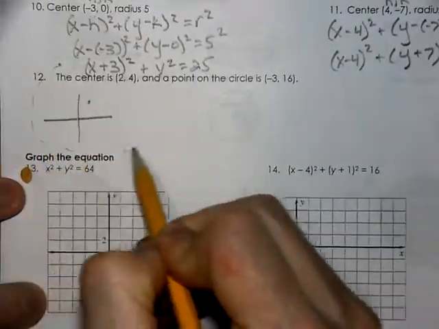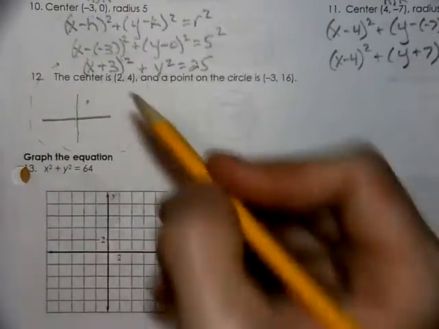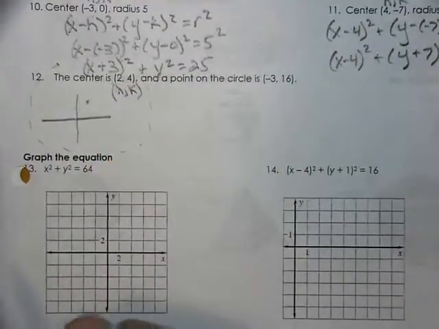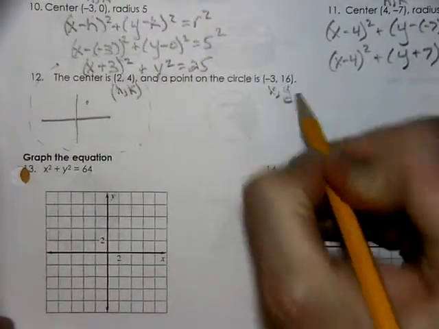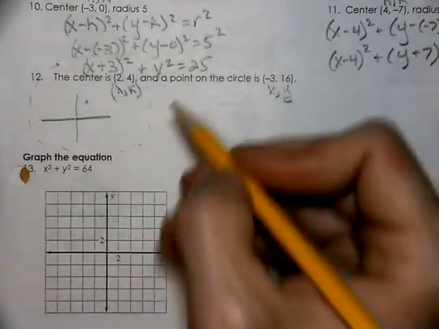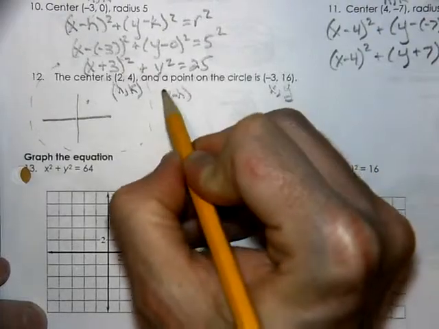So we have this big circle. We know what the center is. What we don't know is what the radius is. We have another point on the circle, but we still don't know what the radius is. So one way we can do this is to start with our equation.